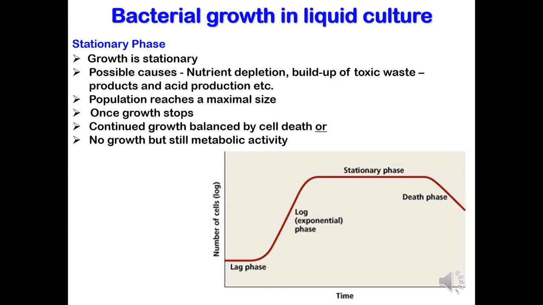You can see how the growth curve then becomes horizontal, and this is when we're in the stationary phase, where the total number of live cells remains constant. And this may be due to a balance between bacterial cell division and cell death, or it could just be that the population may just stop dividing but remain metabolically active.